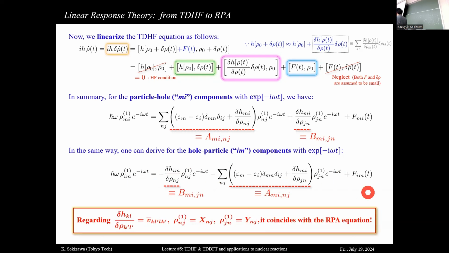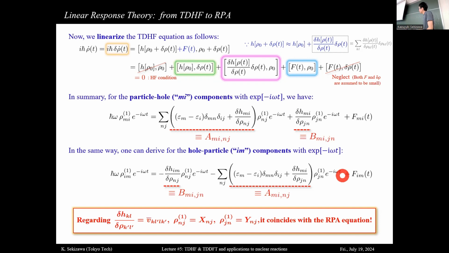And regarding this delta H over delta rho as V bar, and rho 1, this particle-hole and hole-particle components as X, Y amplitudes, then you can see this equation coincides with RPA.